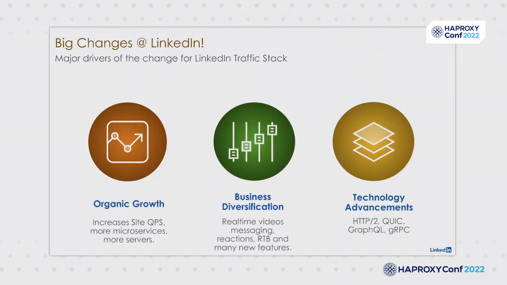Last but not least, a driver of change has been the technological advancements happening in the industry. We are already seeing adoption of HTTP2, HTTP3 is being adopted, and we are moving towards QUIC, GraphQL, and gRPC.